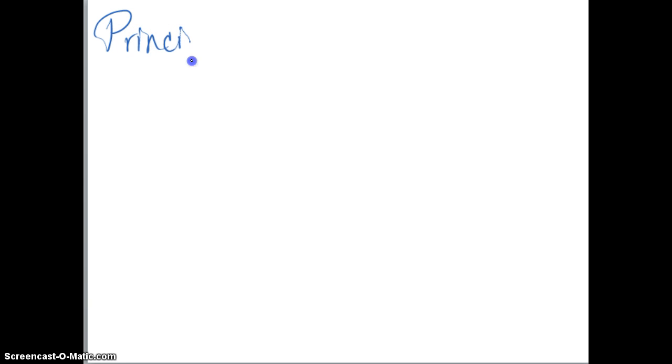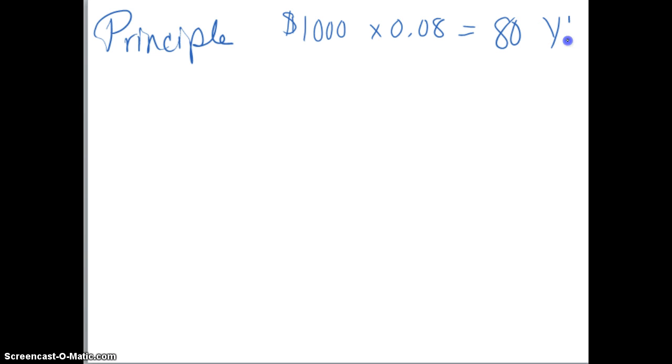If you deposit a principal of $1,000 into an account with compound interest of 8%, then you will be earning $80 extra in year 1.